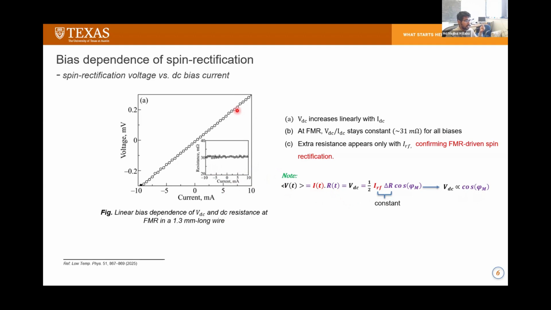That means in our case, this enhancement is attributed to a change in the phase shift conditions. So our spin rectification photovoltaic signal is really phase sensitive.